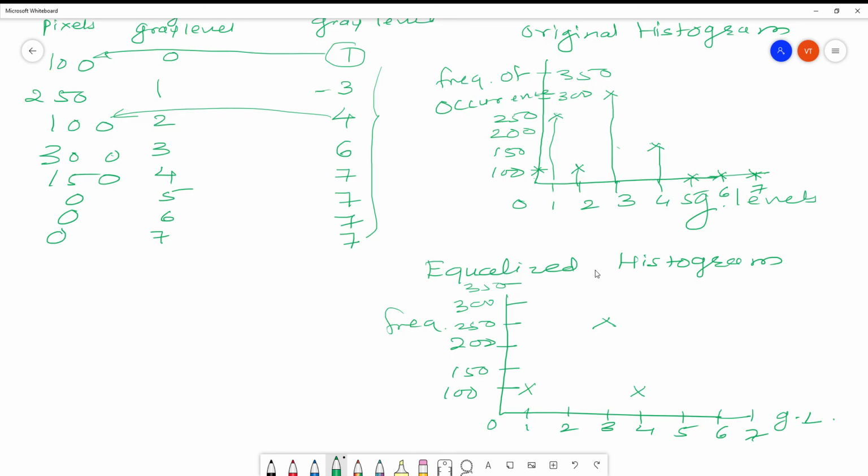And for 7, you see here carefully, there are 4 entries, right? So always you have to add all the entries here: 150 plus 0 plus 0 plus 0. So for 7, it will be 150. Sorry, I'm not drawing it properly, but now you can compare the original and equalized histogram. Okay. So this is about equalization, how to apply equalization.